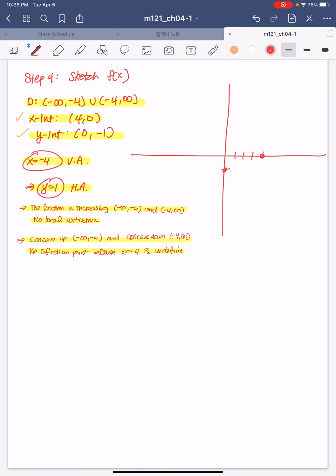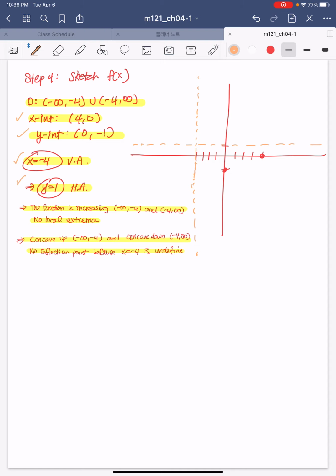And then at negative 4, we have a vertical asymptote. So that means the function will not touch this one. And then we have a horizontal asymptote right over here. Now here, this is how you sketch this one.